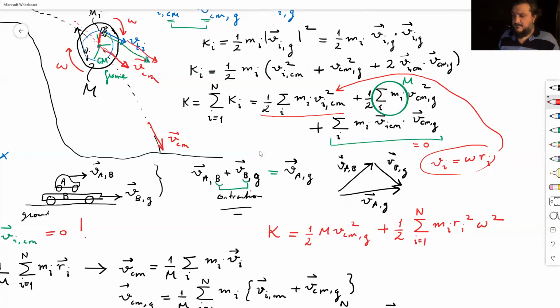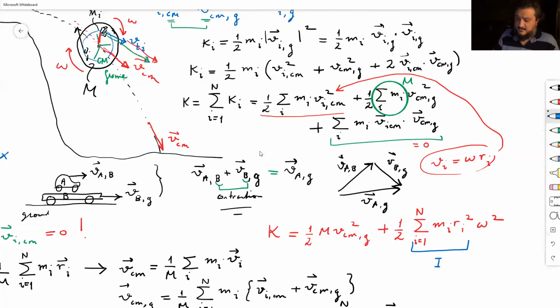And you're already familiar with the second term. This is nothing but the rotational kinetic energy. Recognize this as the moment of inertia. Then we have 1/2 I omega squared, okay? So the total kinetic energy, or the kinetic energy of the object with respect to the ground frame, has two parts.